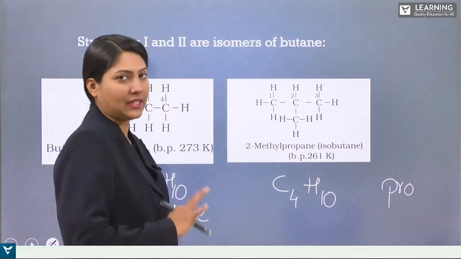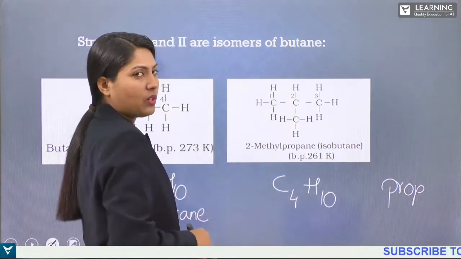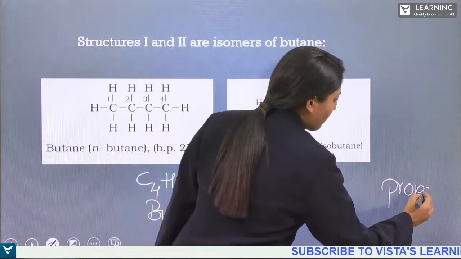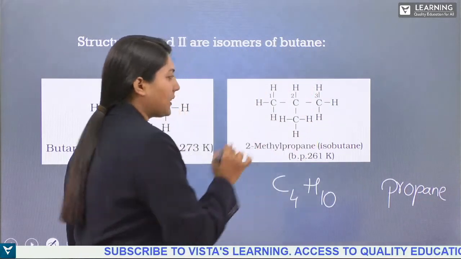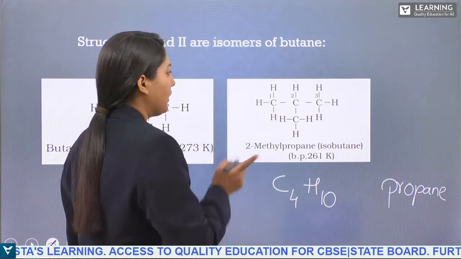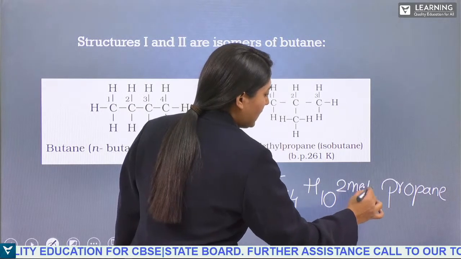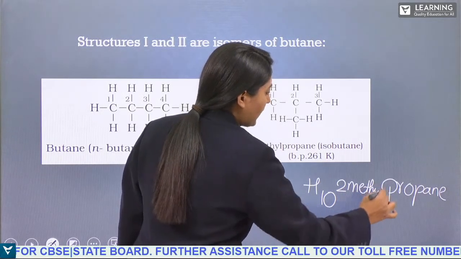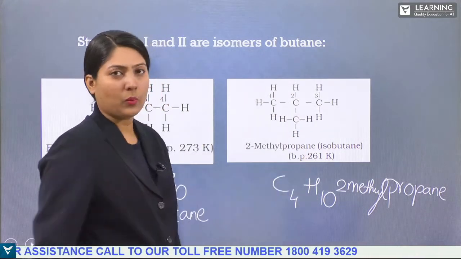Prop is for 3, and all are single bonds, so propane. But we have this methyl group, CH3, attached to the second carbon atom. So we call it 2-methyl propane. Got it?